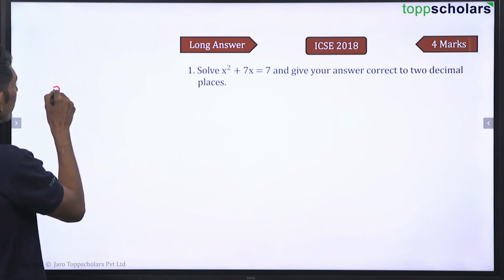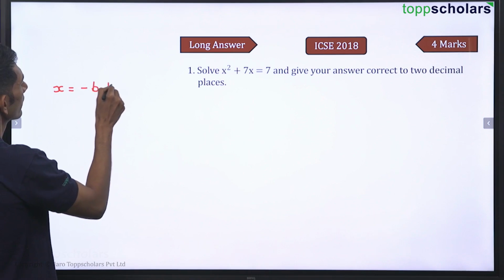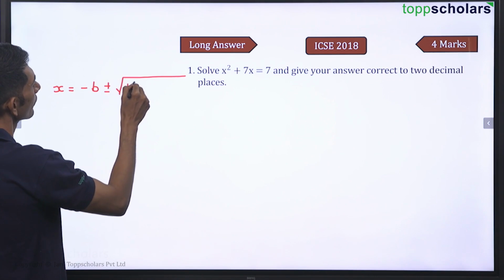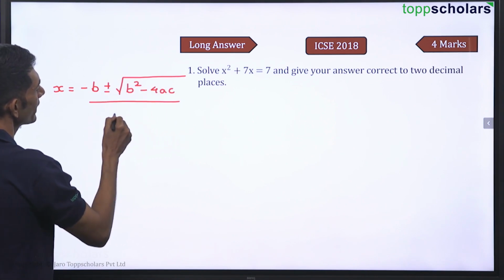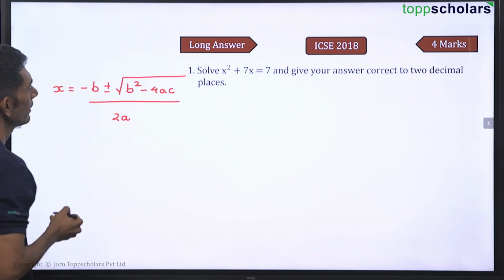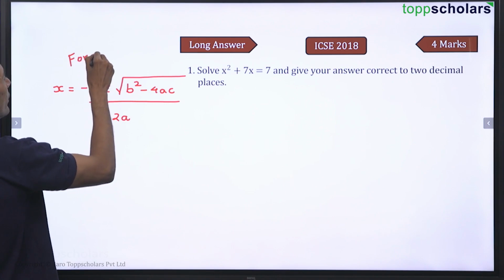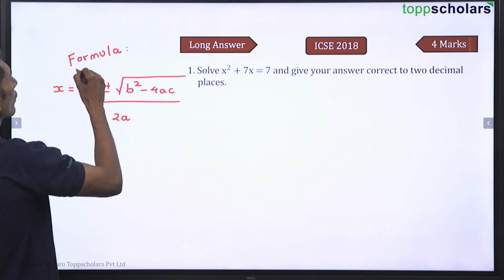We know that x is given by minus b plus or minus under root b square minus 4ac divided by 2a, right? This is the formula. So in every question, we are going to have only one formula, right? And this is what we are going to use.